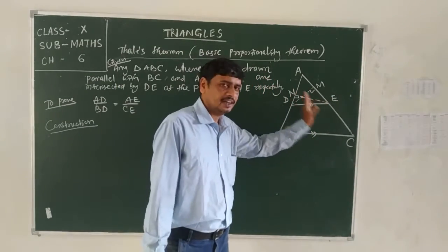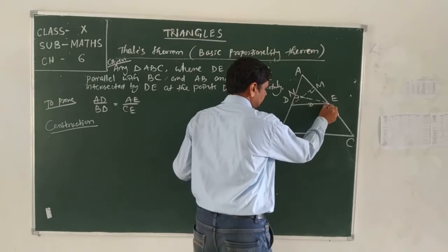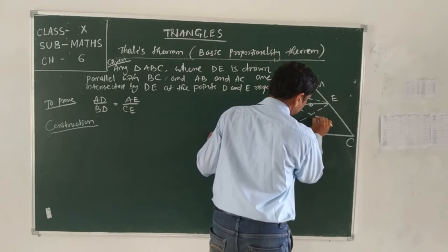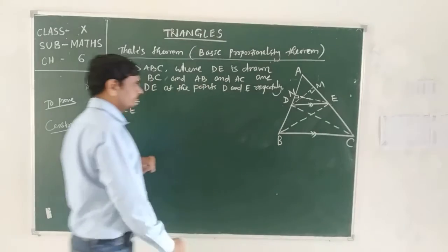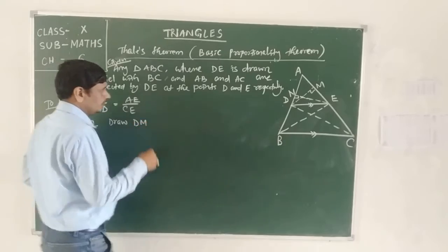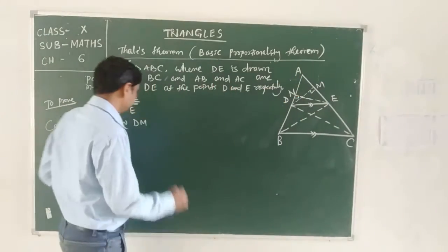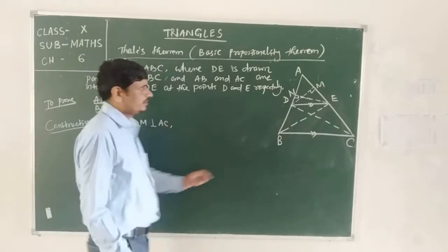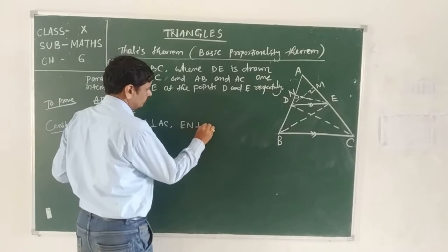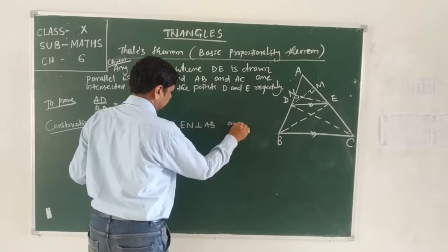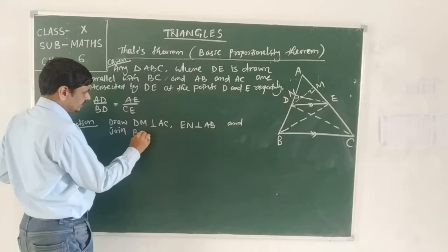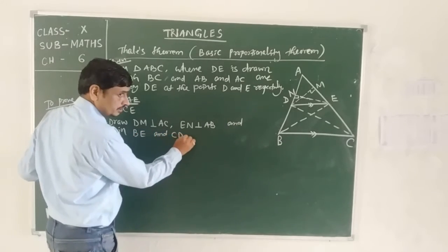Now we have to join B and C. Draw DN perpendicular on AC, EN perpendicular on AB, and join B and C.